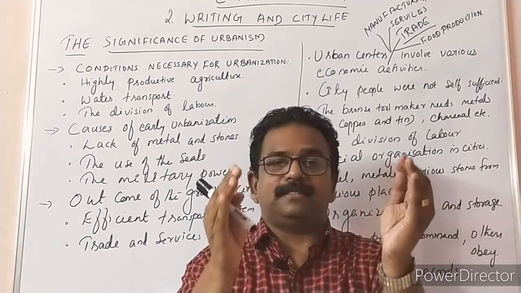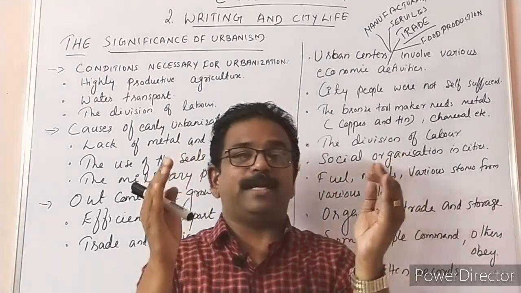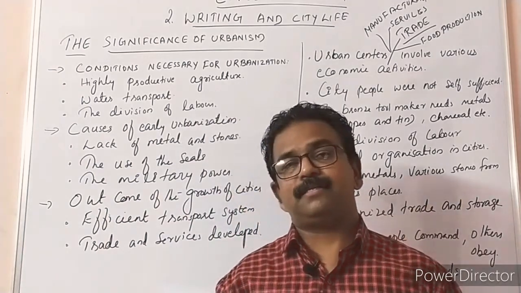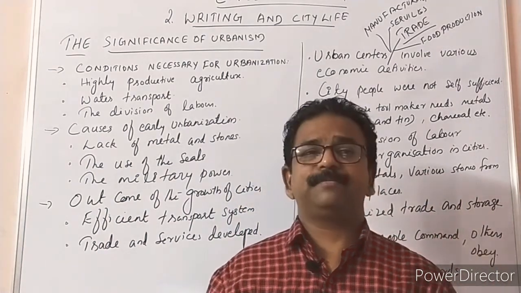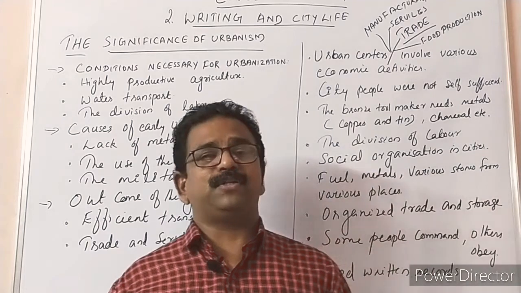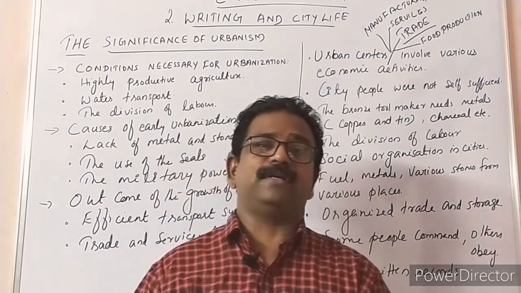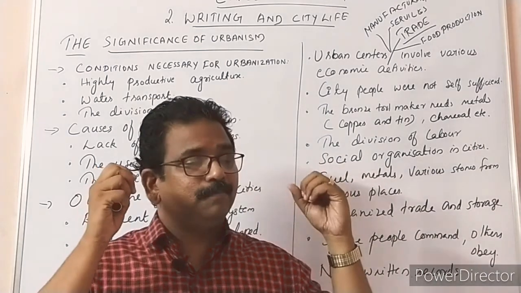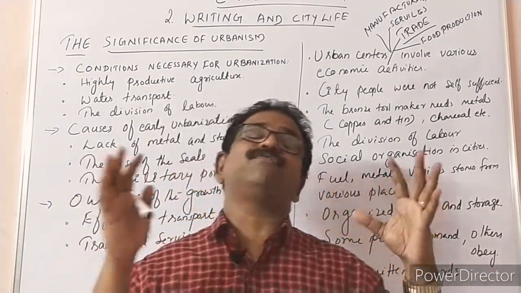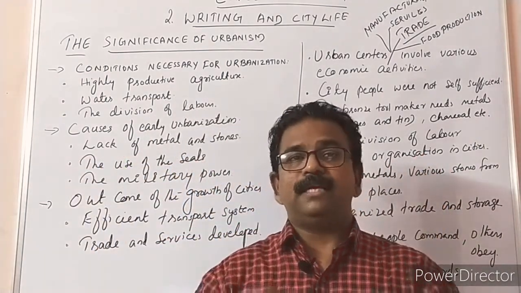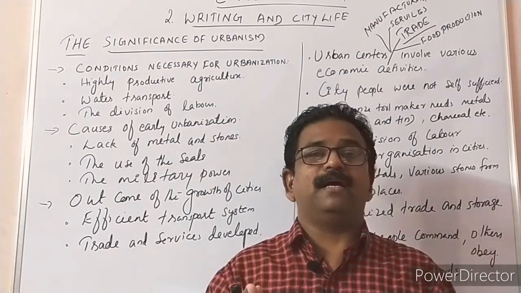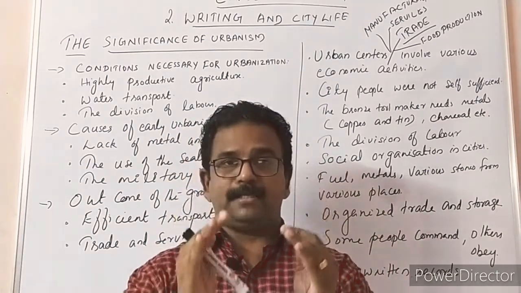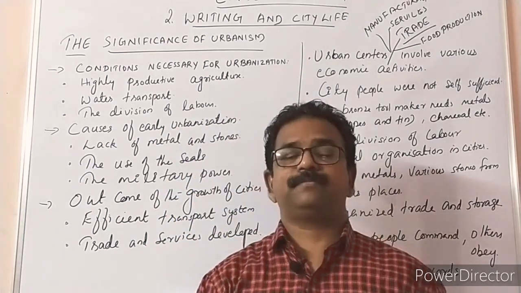The urban centers in Mesopotamia were involved in various economic activities such as food production, trade and manufacturing, services, etc. And the division of labor is a main mark of urban life. The division of labor is believed to be the major factor behind the growth of urbanization.